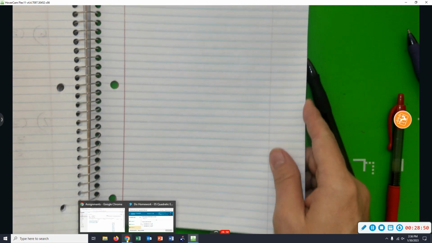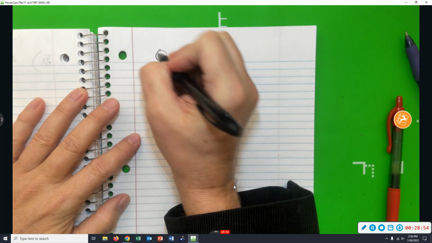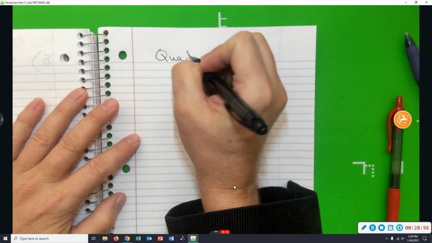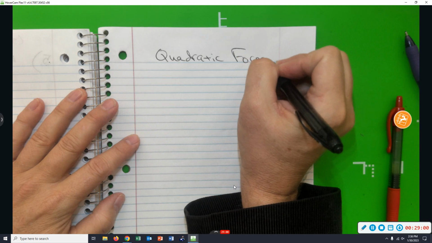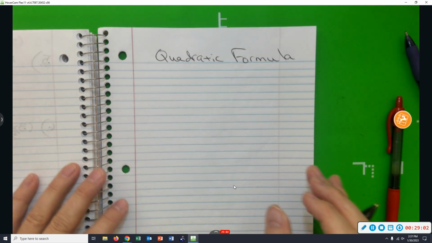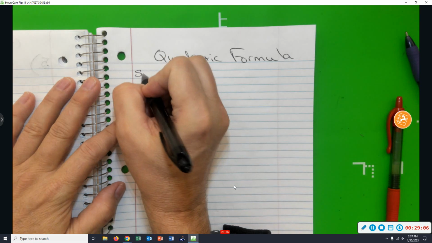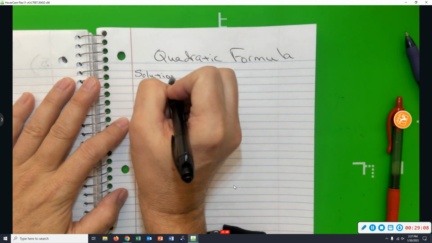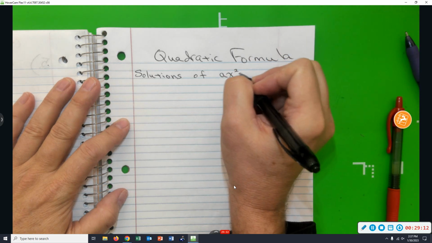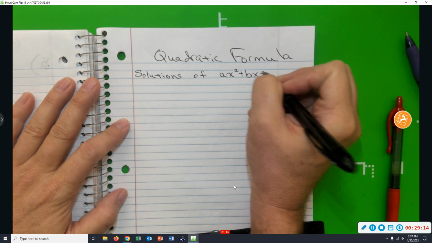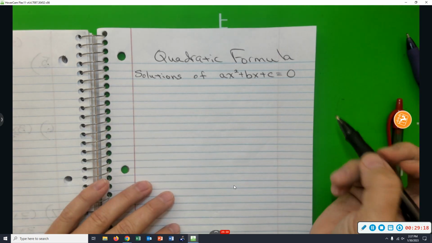Third method, the quadratic formula. Go ahead and write it out. Quadratic formula: solutions of a quadratic equation written in standard form ax squared plus bx plus c equals 0.